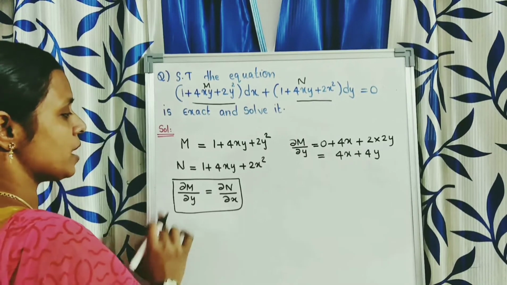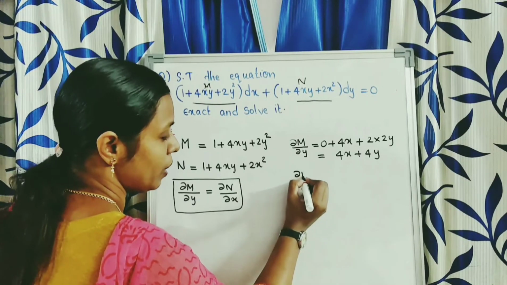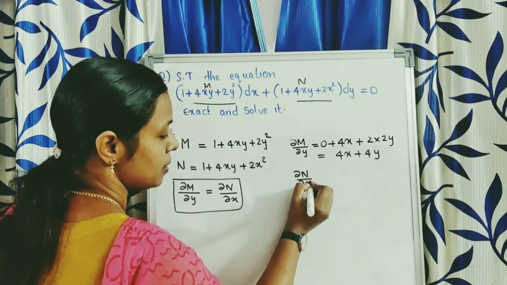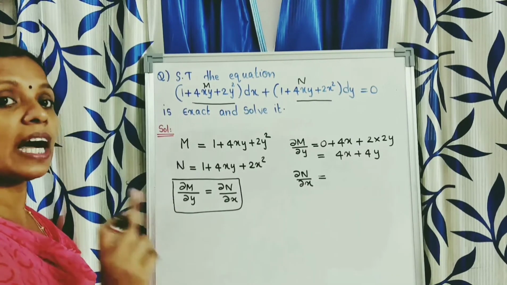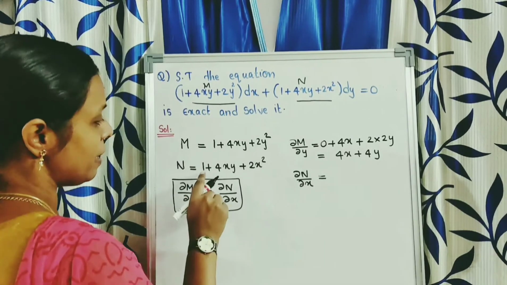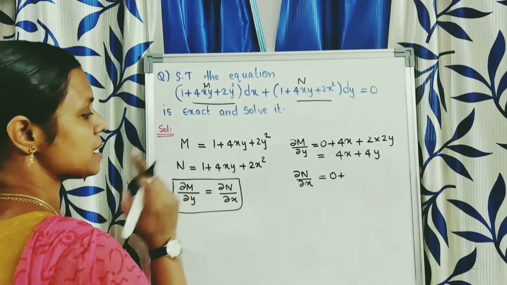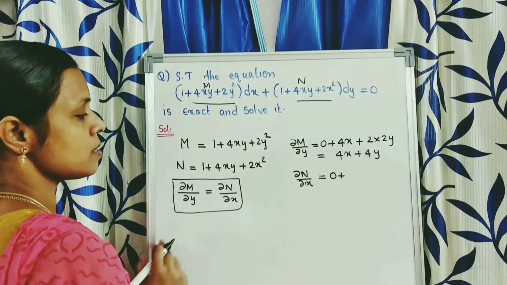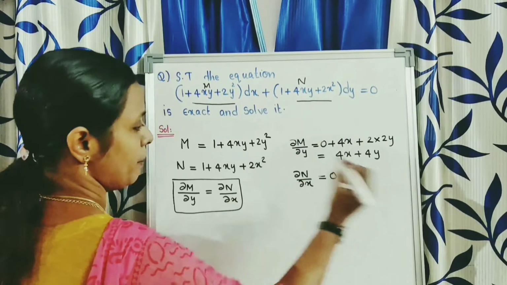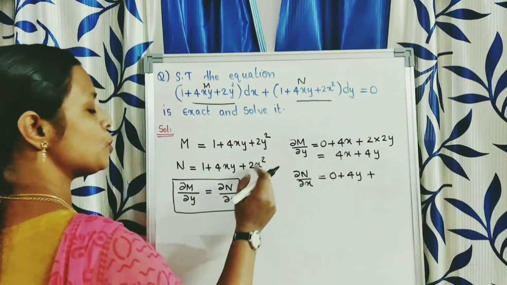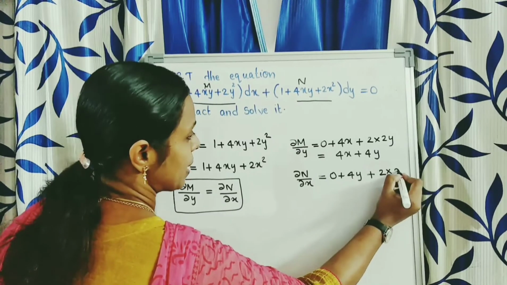Next we differentiate N with respect to x, that is ∂N/∂x, regarding y as constant. The derivative of 1 is 0, plus the derivative of 4xy: here 4y is constant and the derivative of x is 1, so we get 4y. Plus the derivative of 2x² is 2 into 2x, that is 4x.